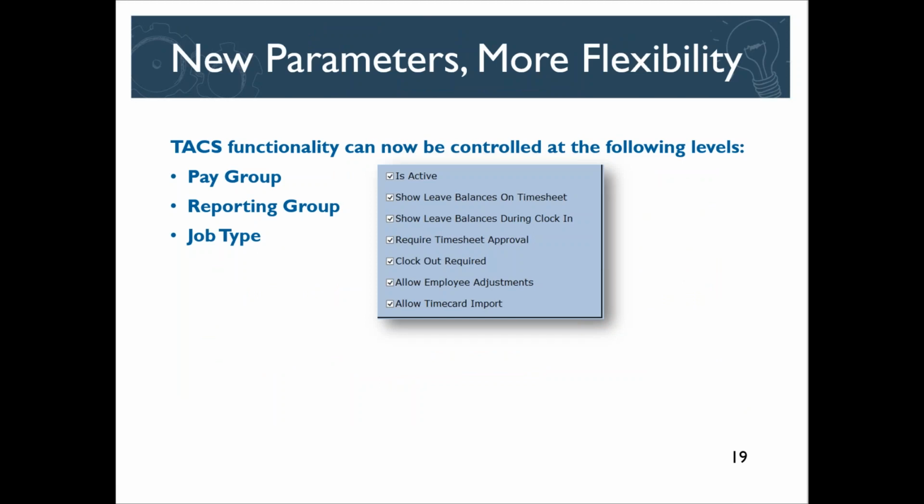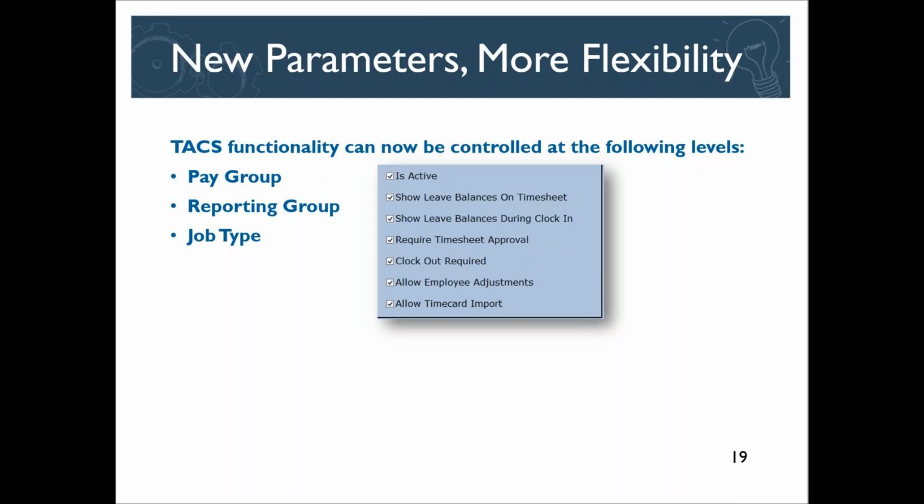So there are new parameters, and with those parameters, there's more flexibility. We moved a lot of the parameters that we had under the employee maintenance into a single area. There are three groups: a pay group, a reporting group, and a job type that control these parameters. And it basically takes three yeses for that particular feature to work.